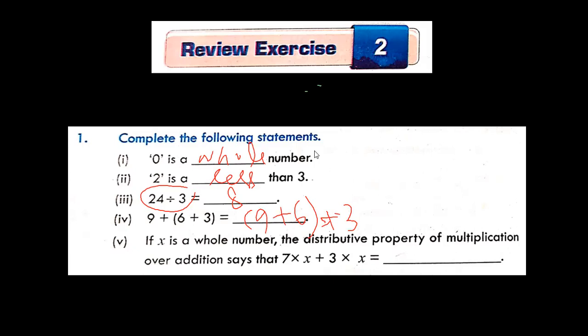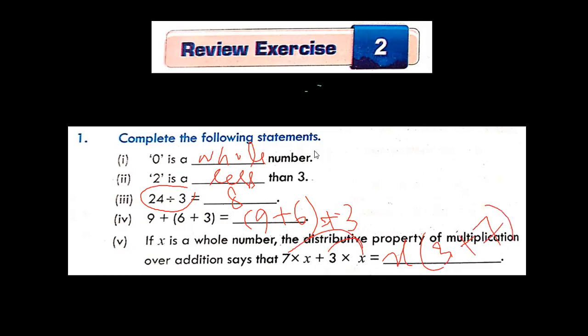Then x is a whole number. The distributive property of multiplication over addition says 7 is multiplied with x and 3 is multiplied with x. In other words, x is multiplied with 3 as well as with 7.